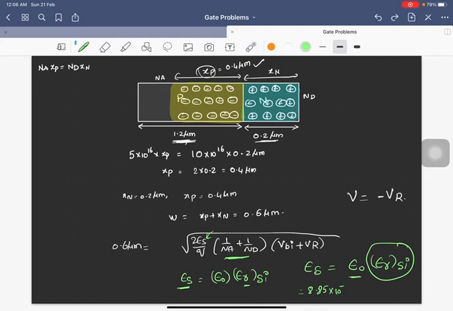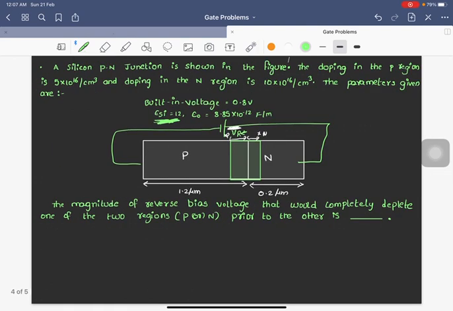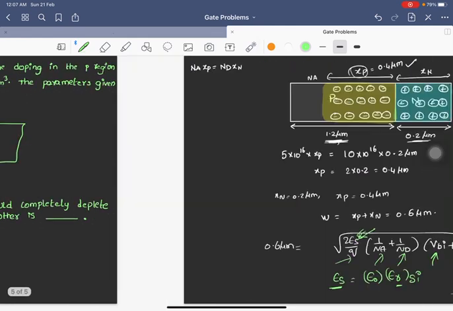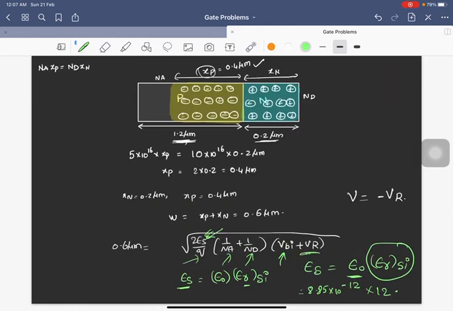So convert Na and Nd into meters, that's it. Epsilon naught is 8.85 into 10 power minus 12 farad per meter, and epsilon r of silicon is 12. So we know epsilon of s, we know Q, we know 1 by Na, we know 1 by Nd, we know VBI is given as 0.8 volts. And we need to find VR, that's it.